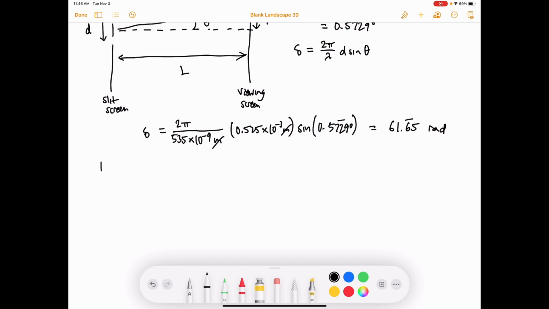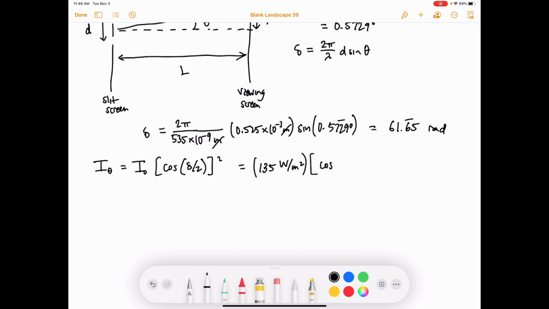And the reason we can use this is because I of theta is equal to I0 times cosine of delta over 2, squared. So I0 is the intensity at the very center of the pattern, which is 135 watts per square meter.